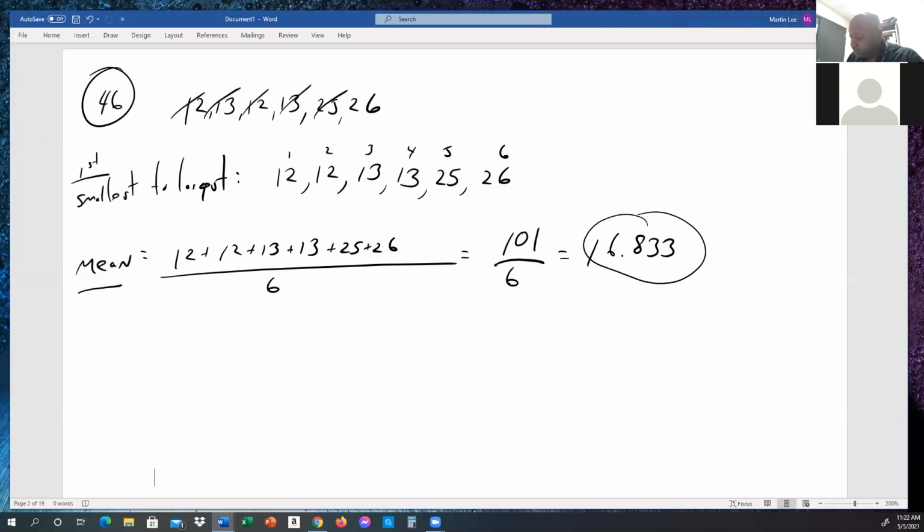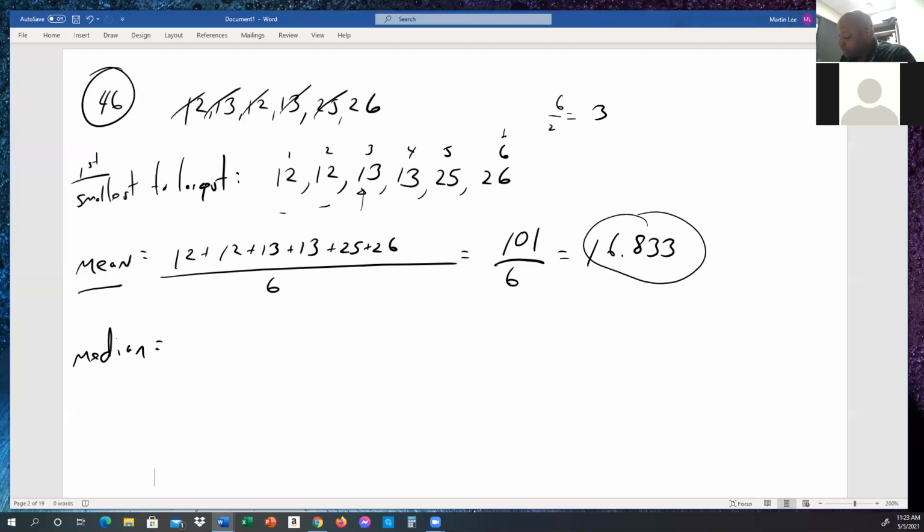Okay, for the median, you need to find the number in the middle. Well, we've got 6 numbers, so 6 divided by 2 equals 3, which means my third number should be the one in the middle, but it's not going to be, because if I look to the left I only have 2 numbers, and if I look to the right I have 3.